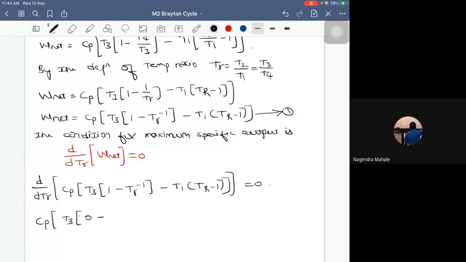Minus TR to the power of -1 differentiation, x to the power of n differentiation is n into x to the power of n minus 1. Correct? I don't know math that much, you have to tell me. Yes sir.